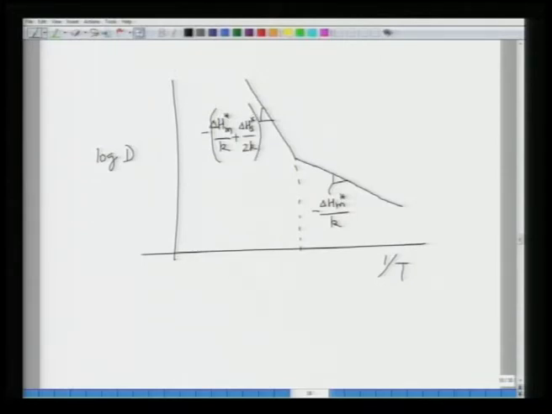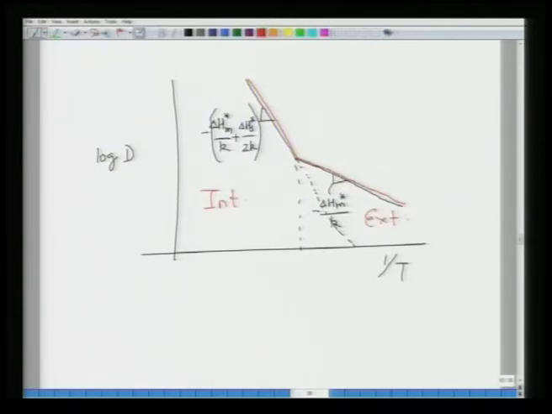This will be the activation energy, and if you extrapolate this curve somewhere here, this will be the intrinsic line and this is your extrinsic line. So what you see here is, if I now represent the overall behavior, it will be like this. This is the overall behavior. So this is your intrinsic region and this is your extrinsic region.